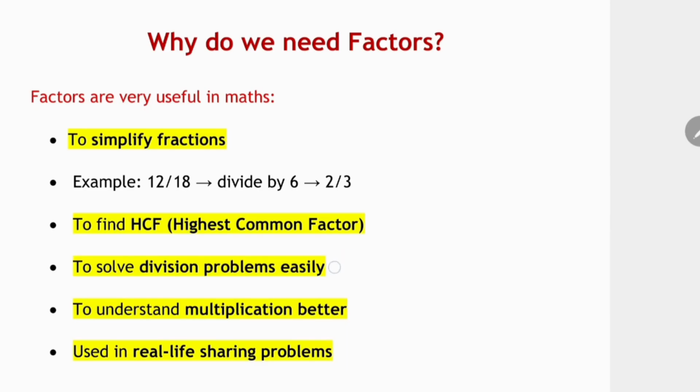And the next one, to solve division problems easily. If you know factors, division becomes very easy, because division means finding which factor fits. For example, 18 divided by 3 is equal to how much?